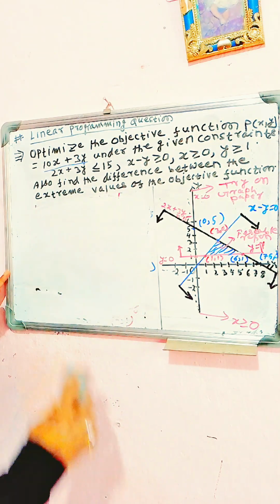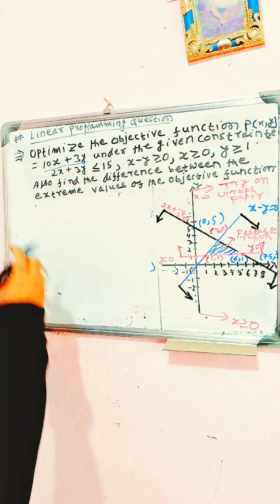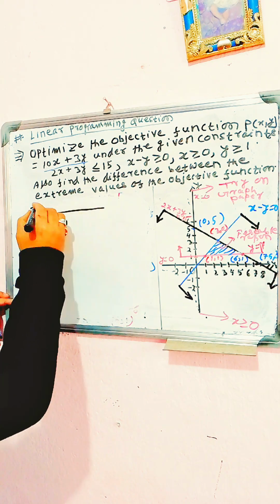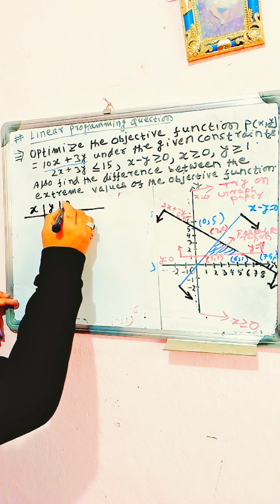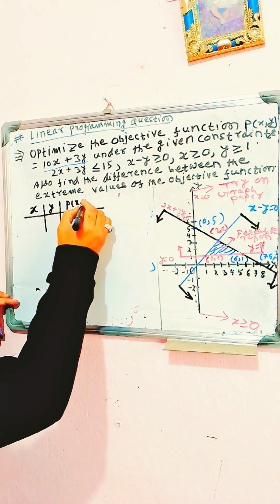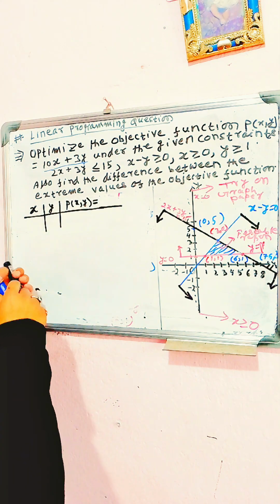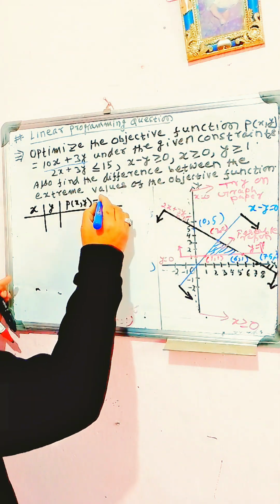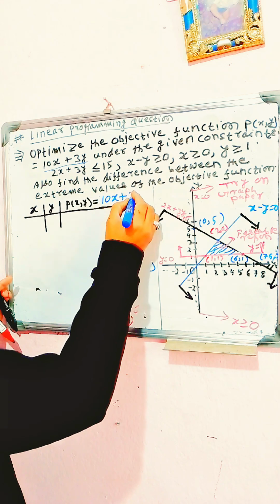In order to optimize that, you have to make one column for the x coordinate, then a column for the y coordinate, and then finally write your objective function, which is given as P(x, y) equals 10x plus 3y.